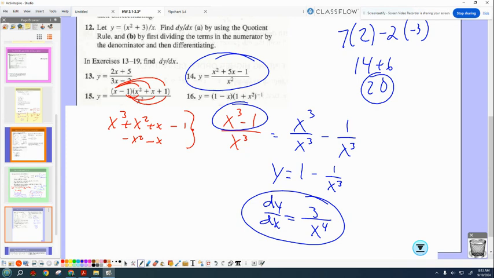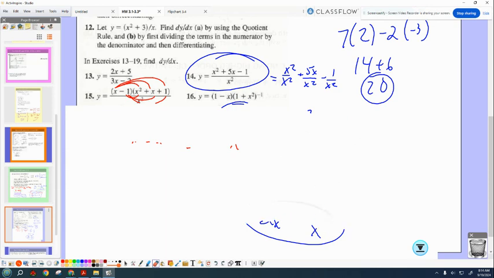This one also, divide and conquer. I don't think I assigned that one, but doing a little bit of the algebra first. Still did not do the derivative.